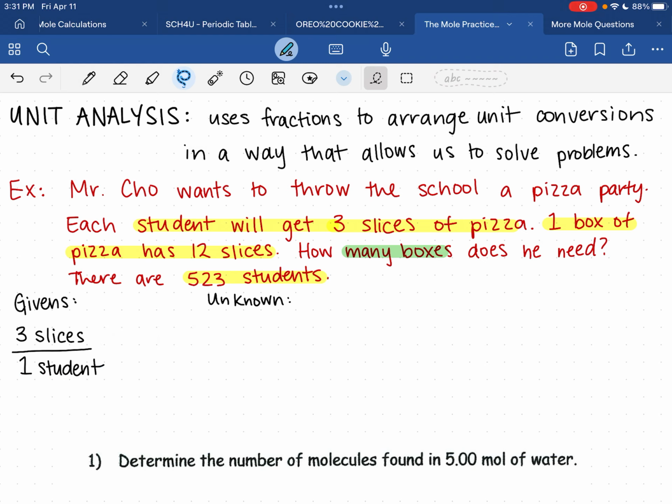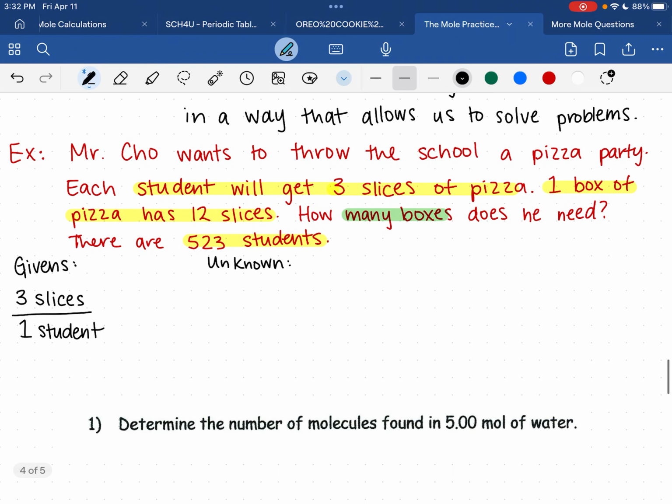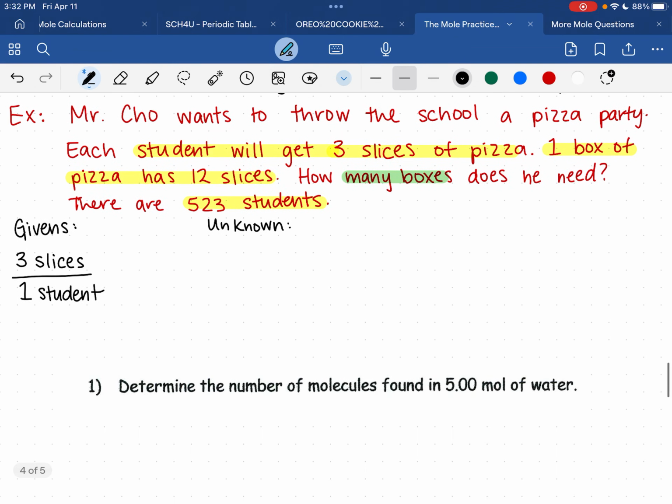That's the same thing, okay? 3 slices per 1 student is what that dividing sign basically tells us. So that's the number of slices each student gets.